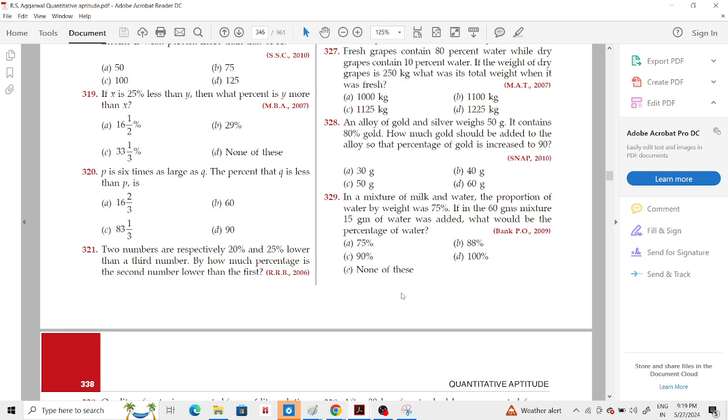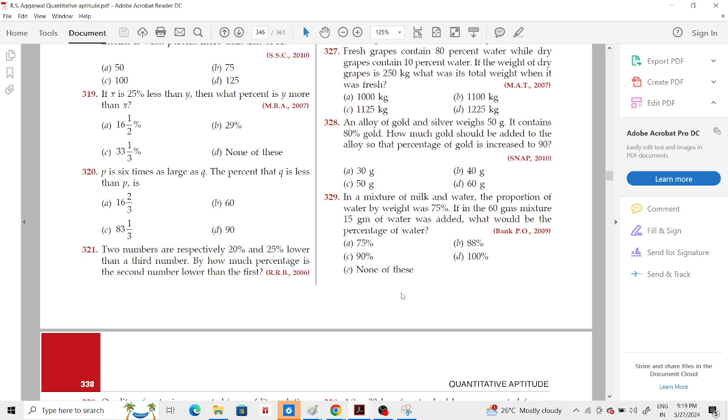Why did you get 40? Sir, because the alloy of gold and silver weighs 50 gram, right? Out of which gold is 80%. So 80% gold means 40 gram is gold, and 10 gram is silver. How much gold should be added? Let us take x gram of gold added to the alloy.